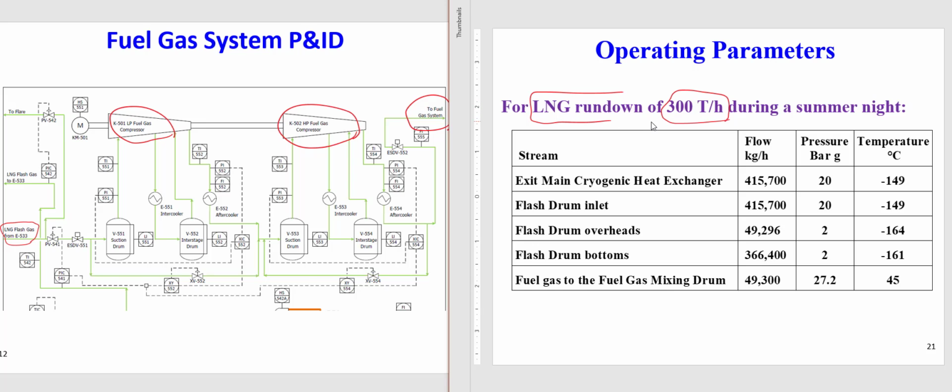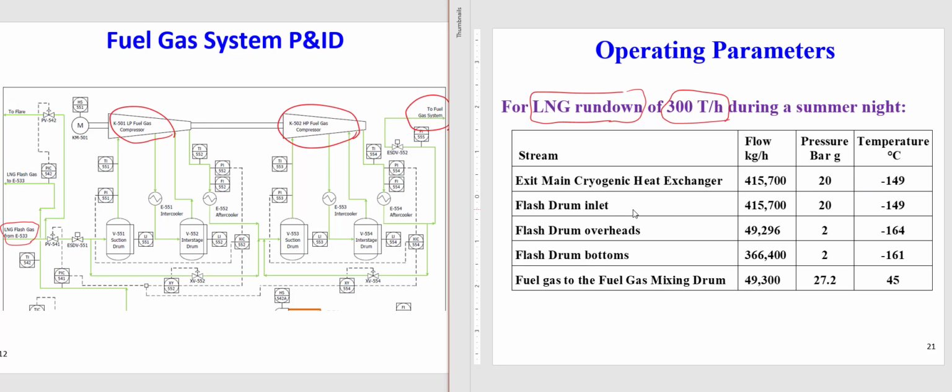So those are some specifications of the different units and the flow rates. At the exit of the main cryogenic heat exchanger, the flow rate is more than 400,000 kilograms per hour, arriving at a pressure of 20 bars and a temperature of minus 150.